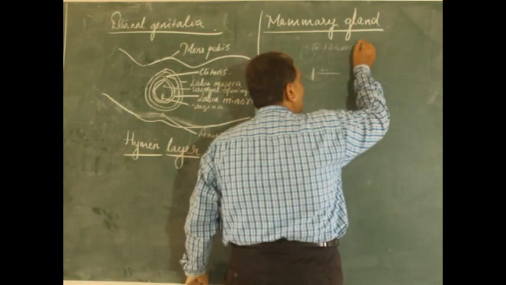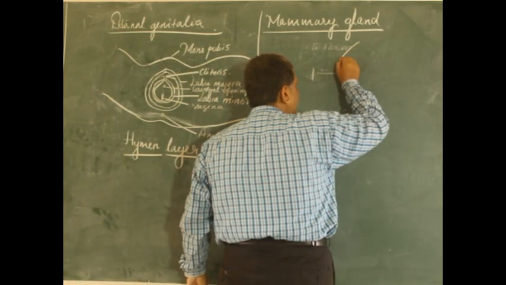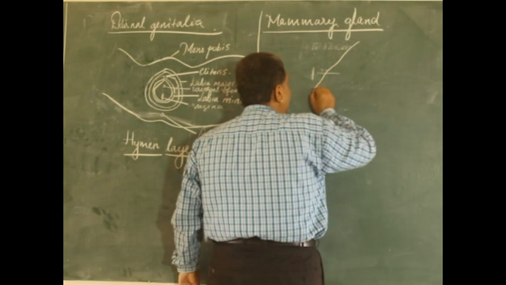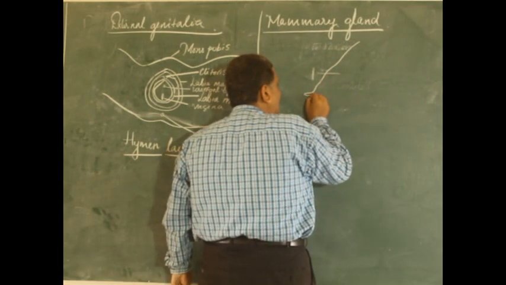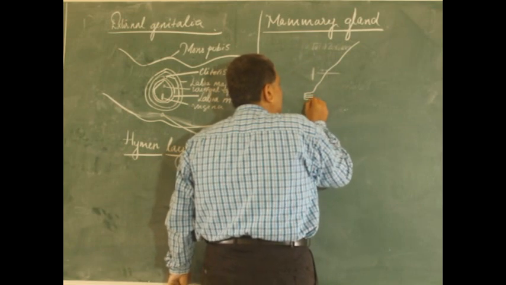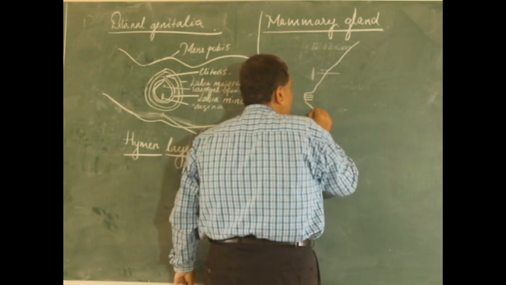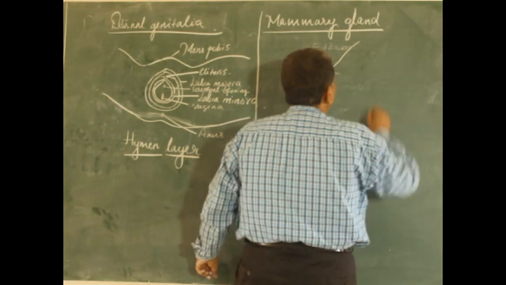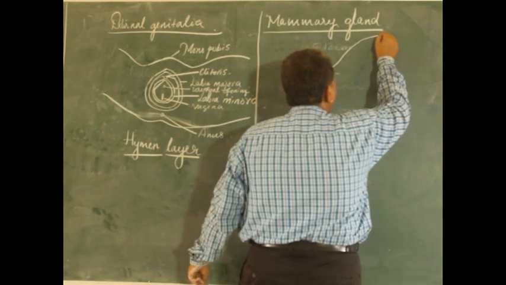They may ask for 5 marks in the board exam: draw a neat labelled diagram of the structure of the mammary gland. So we should know the structure. It will be like this.